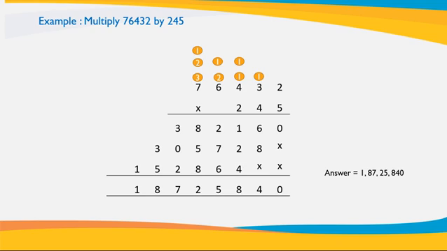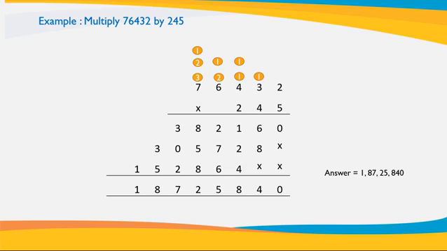Now moving to the last step. Now put two zeros or two crosses before you start multiplication. Multiply 2 with 2. 2 2s are 4. Then 2 3s are 6. Then 2 4s are 8. Now 2 6s are 12.